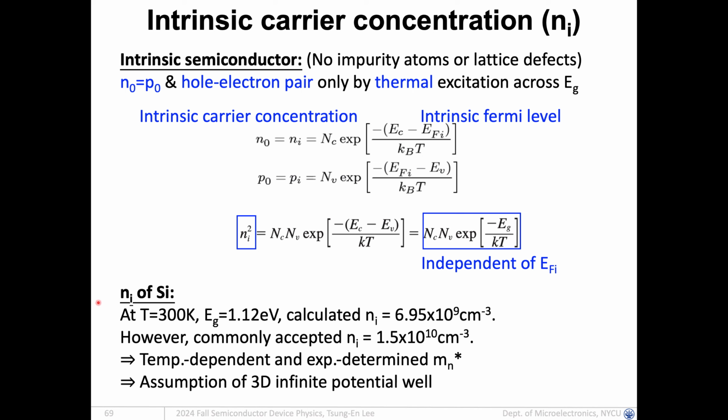So let me give an example: what is the value of the intrinsic carrier concentration for silicon? If we use room temperature and the band gap of 1.12 electron volts, the value is 6.95 times 10 to the 9 centimeters to the minus 3. Actually, this is the value using the above equation, which is a bit lower than the value we commonly use from your previous electronics lectures.